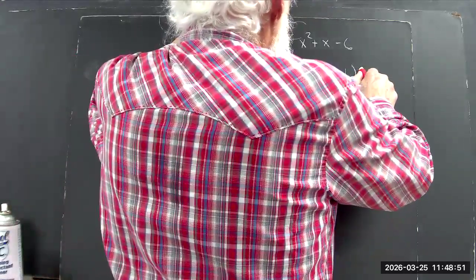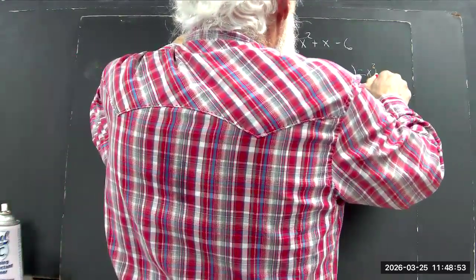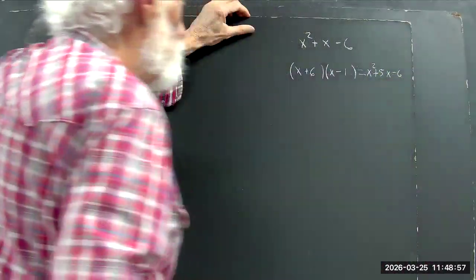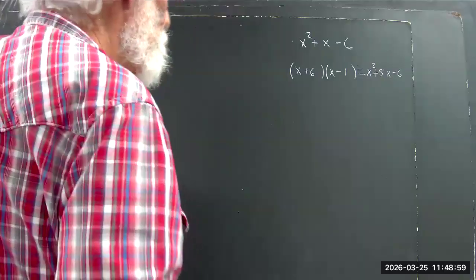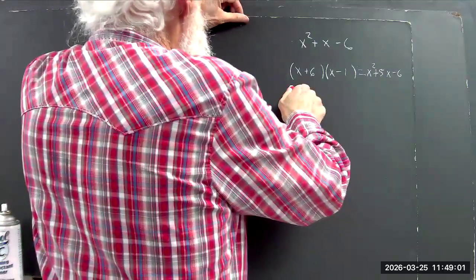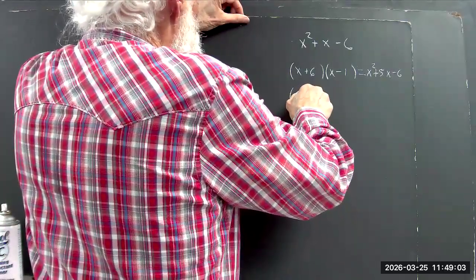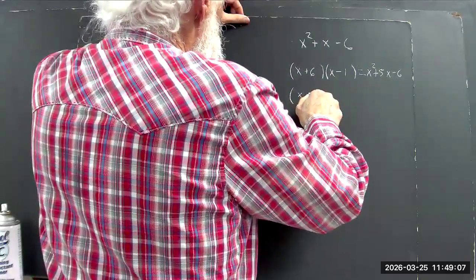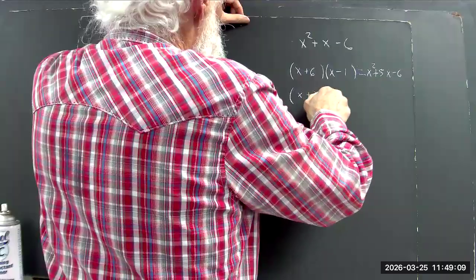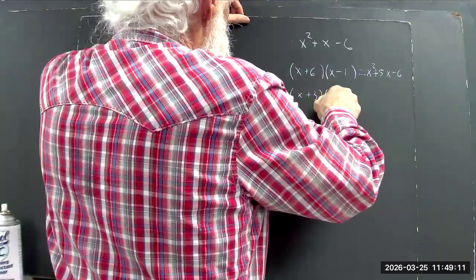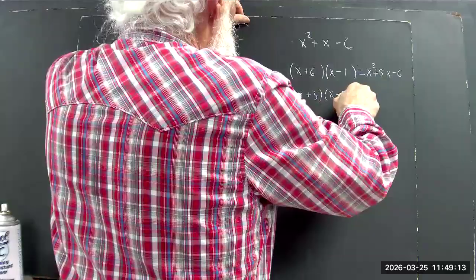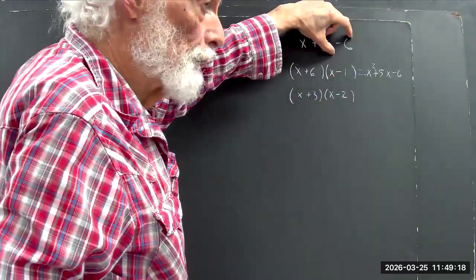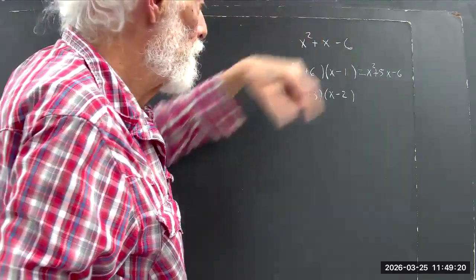And that would be x squared plus 5x minus 6. So it doesn't match. Then we could try x plus 3 times x minus 2, because 3 times negative 2 multiplies out to give us negative 6.